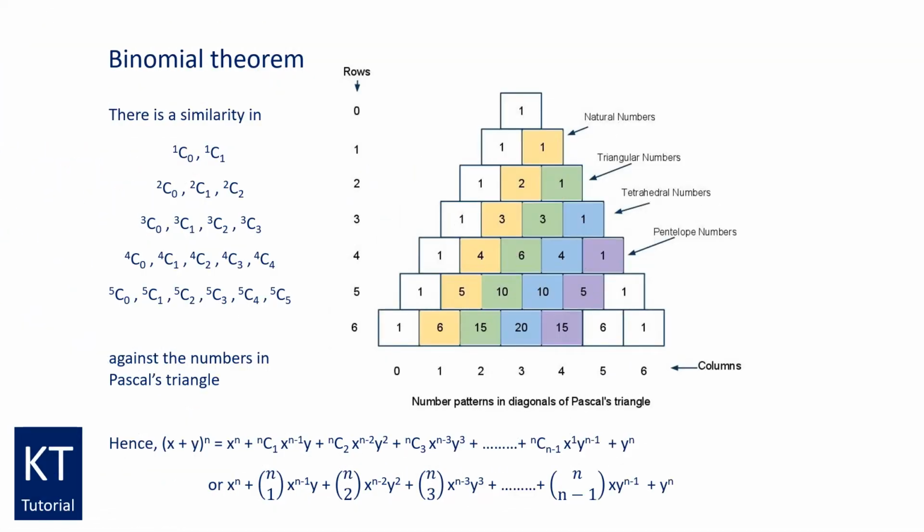Next, mathematicians have noted there is similarity between nCr and the numbers in Pascal's triangle, allowing the expansion of (x plus y) with the order n to be stated with the combination notation.